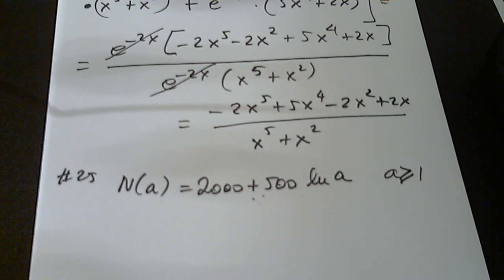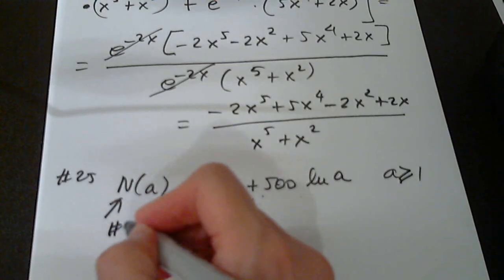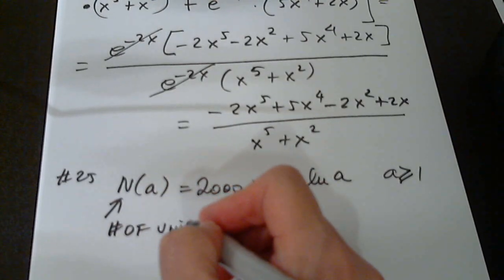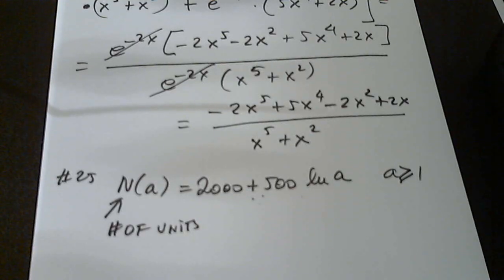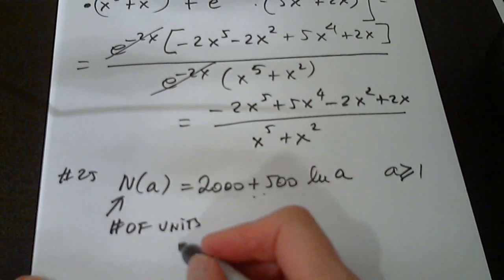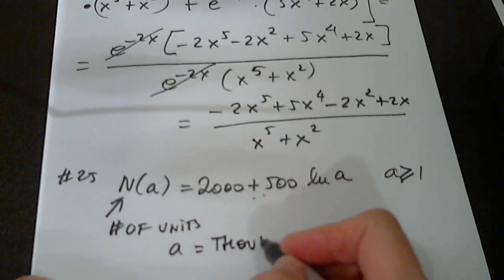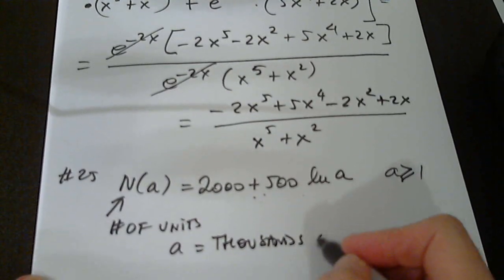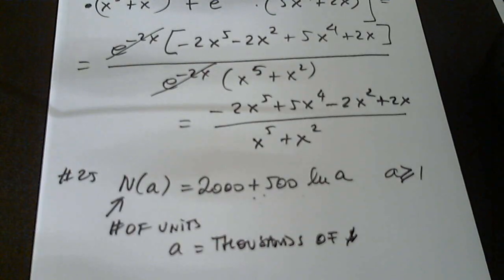N of A is the number of units sold. A is the amount spent on advertising in thousands of dollars. Okay, fine.